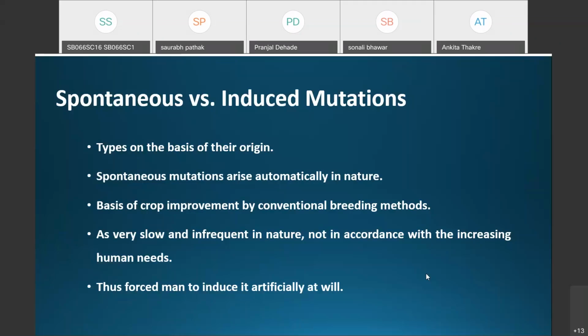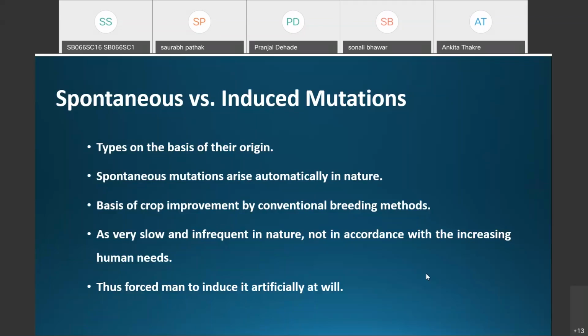This type of mutation we call a spontaneous mutation. Spontaneous mutations arise automatically in nature when organisms come in contact with electric current, atomic rays, injuries, diseases, insect attacks, and temperature.